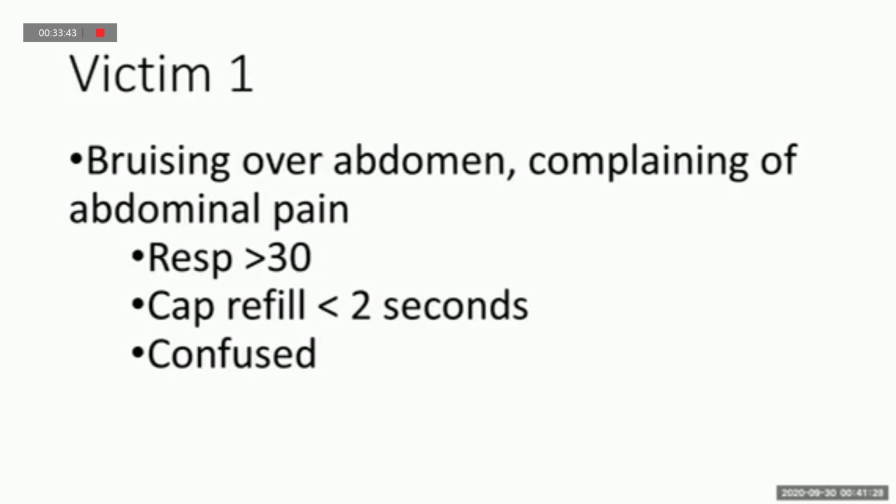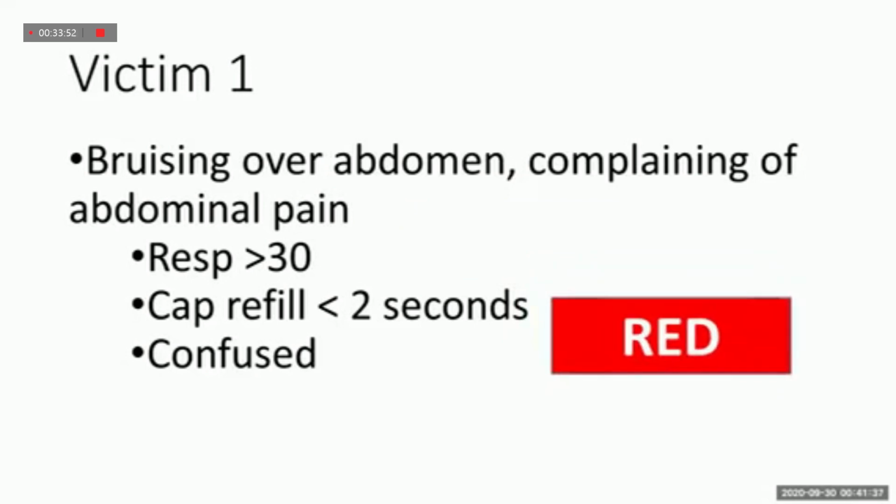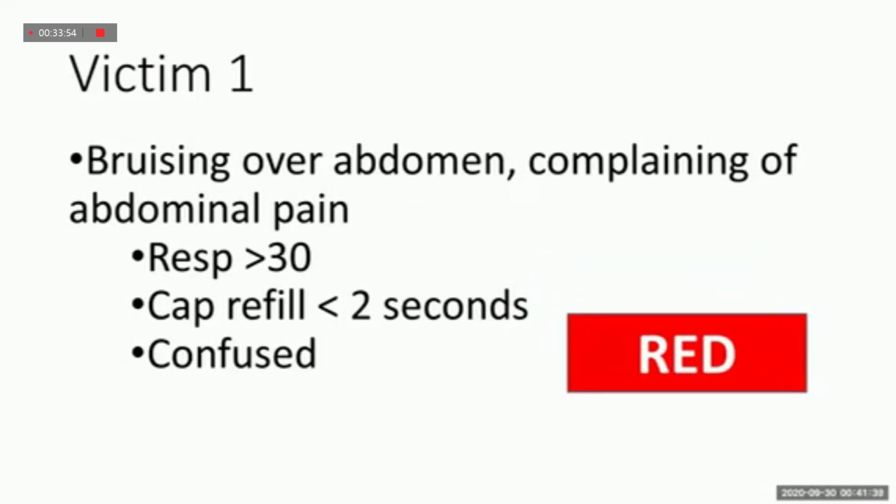So would this be a red, yellow, green, or black? Your answer would be, the patient is red and needs to be extricated and moved out of the way and into a safer place for acute management of the injuries.